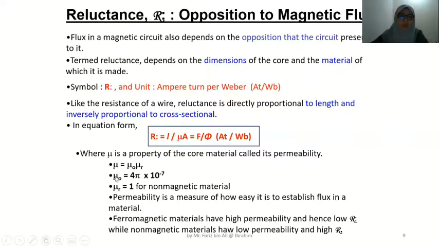Mu naught is given as 4 pi times 10 to the power of minus 7. The multiplication of mu naught and mu R gives you mu. Permeability is a measure of how easy it is to establish flux in the material. Ferromagnetic materials have high permeability, which gives a low reluctance, while non-magnetic materials have low permeability, which gives a high reluctance.